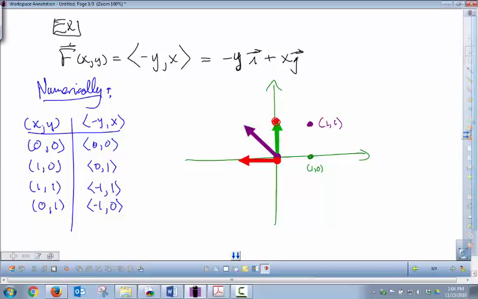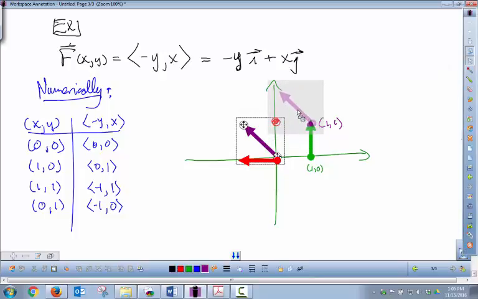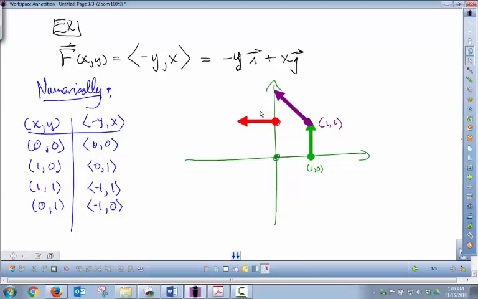So I think it would make a lot more sense if we put the tails of those vectors, instead of sitting them at the origin, at the actual point that was their given input. So if I take these 3 vectors and put their tails where the point was supposed to be, now I think I have something that would make a little bit more sense in terms of trying to describe this field.